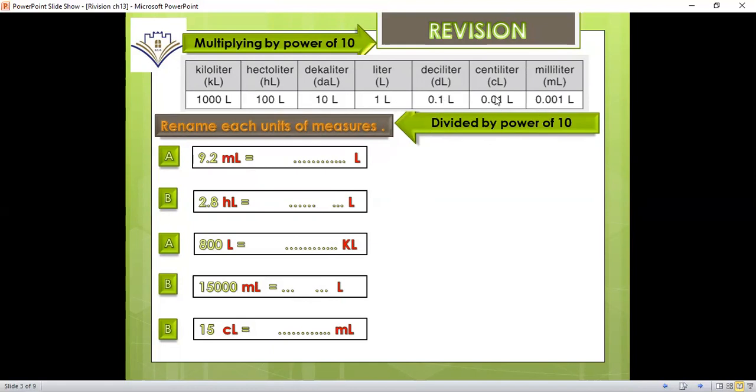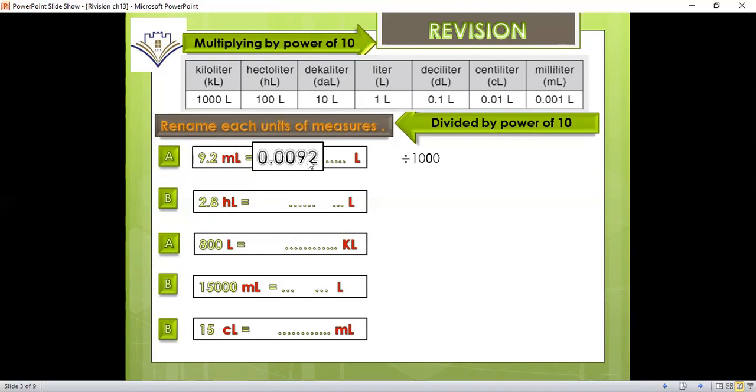Meaning divided 10 and then divided 10 and then divided 10, meaning divided by 1000. Then the point will move 3 places to the left. Then the answer is 0.0092 liter.